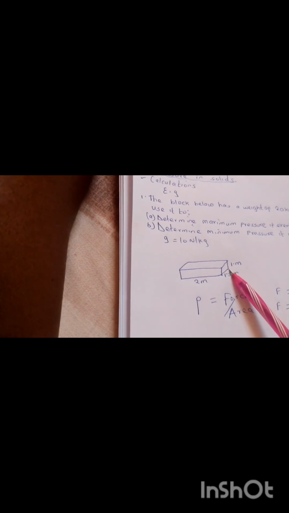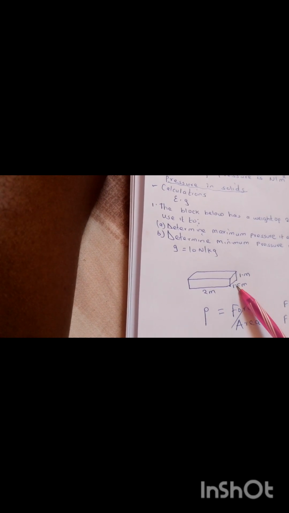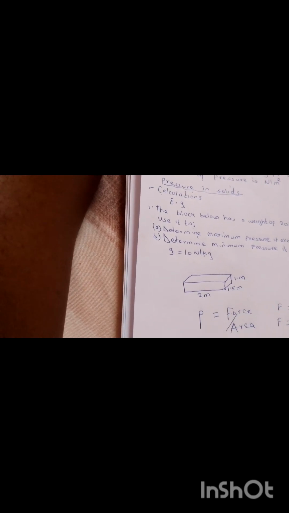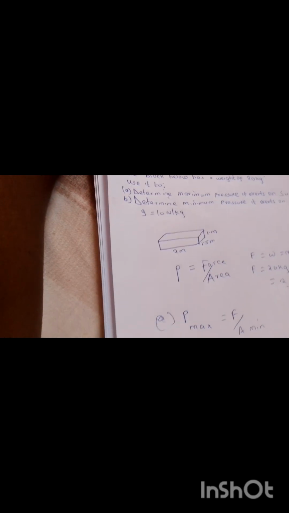So area minimum means that from this block, which sides can give us the smallest area. When you look at this side, it is 1.5 and 1, and this side we have 2 meters and 1.5. So our smallest area would be 1.5 and 1.